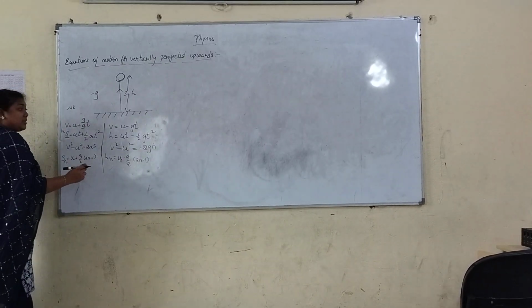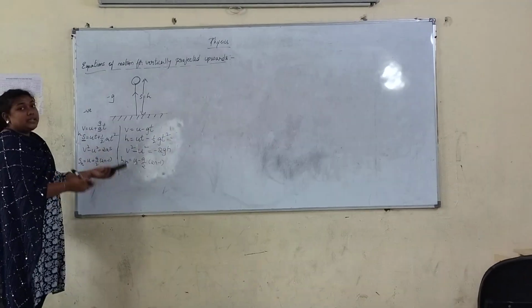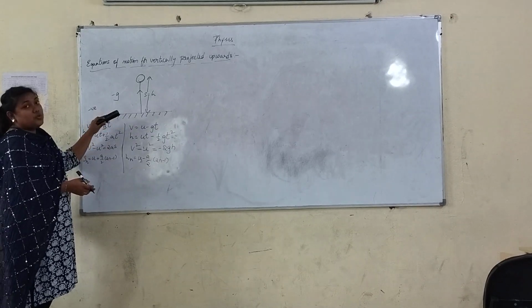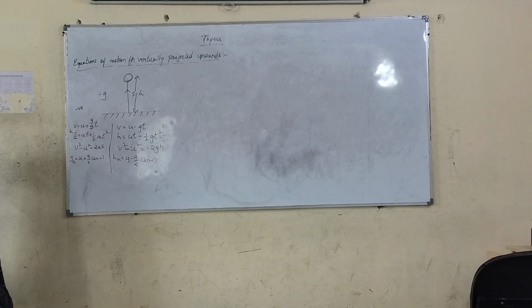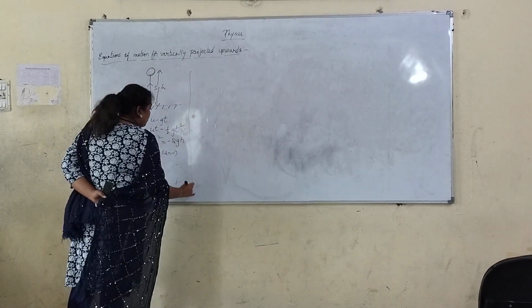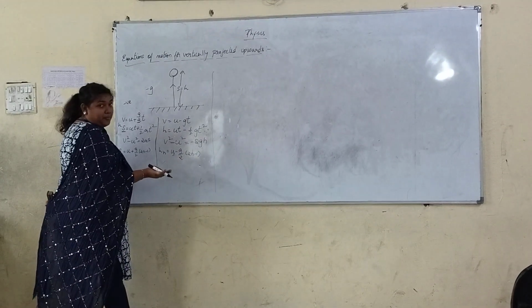So why do we get the minus here? Because we are projecting the body in the opposite direction of gravity. So these are the equations when we project the body upwards.